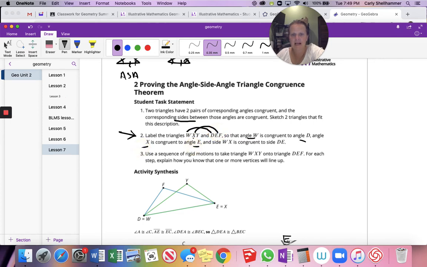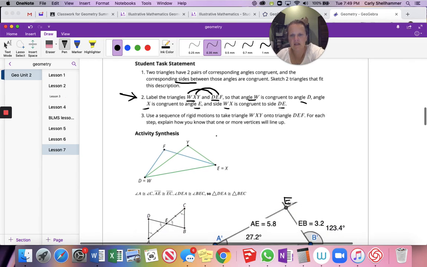And side WX is congruent to side DE, which is great. And then use a sequence of rigid motions to take triangle WXY to triangle DEF. We don't need to do that because we used rigid motions to construct our triangles, and that's fine. But let's go ahead and look at these two activities.